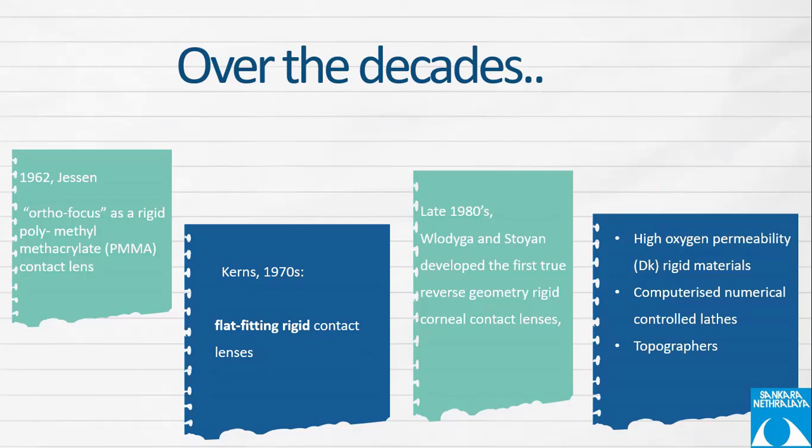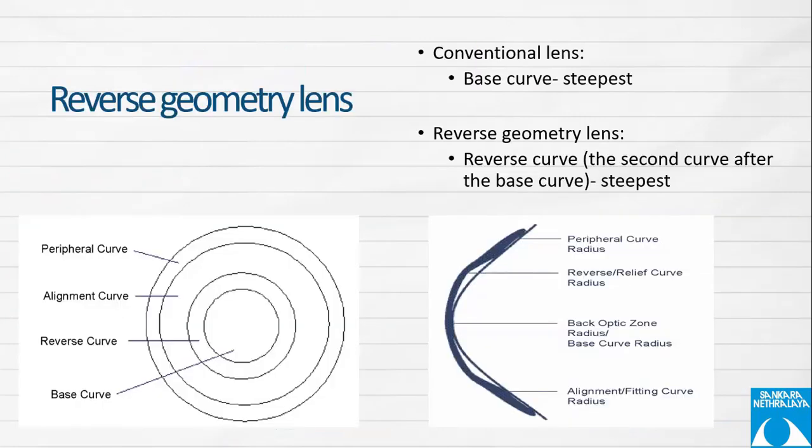Proceeding to the 1970s, flat-fitting rigid contact lenses came into place, and in the late 1980s, Lodge and Stoen were the first who developed the true reverse geometry rigid contact lenses, which we currently talk about when we talk about ortho-K. With the development of high oxygen permeability rigid materials, computerized labs where we can prescribe and make customized contact lenses, and accurate topographers where we can take precise measurements, here we are with what we have today in ortho-K therapy.